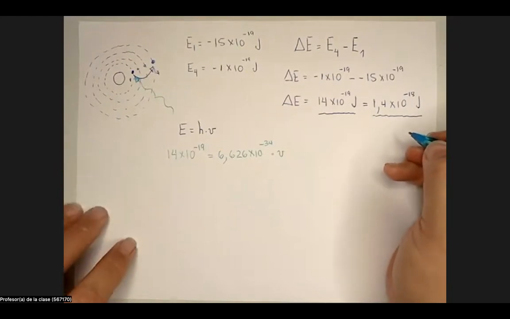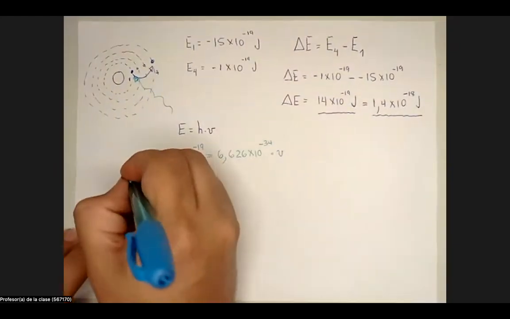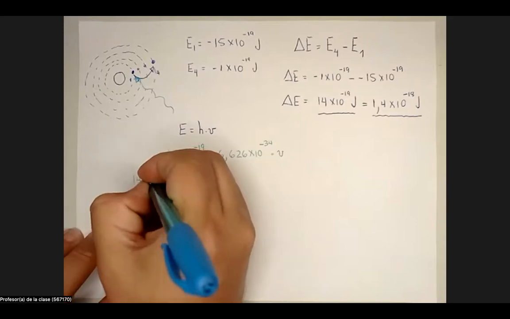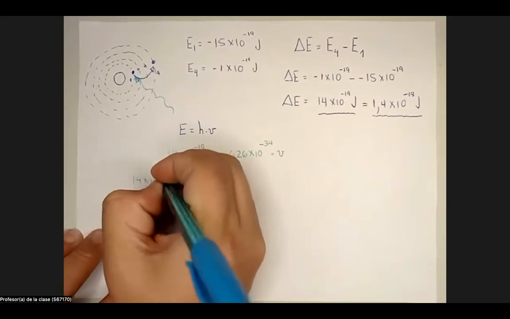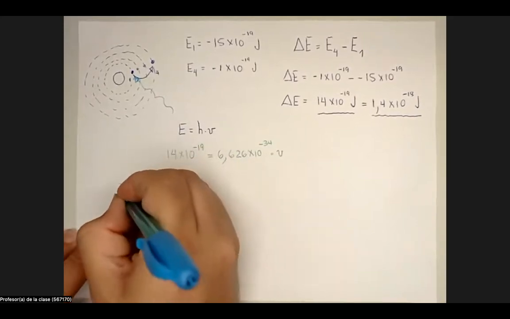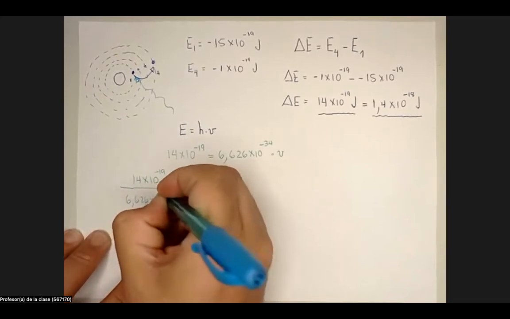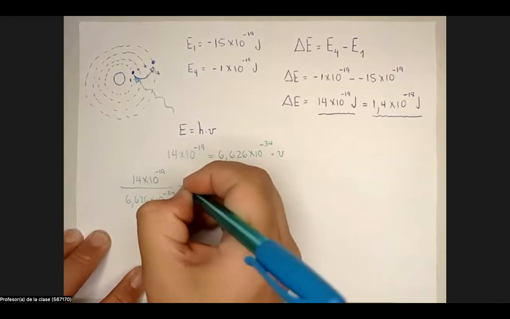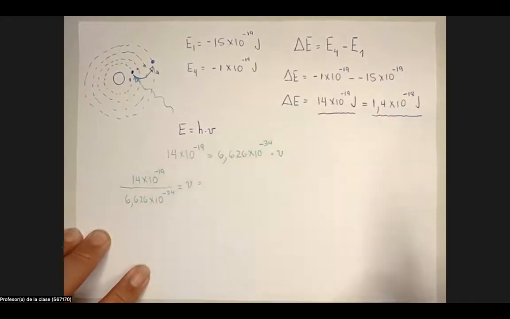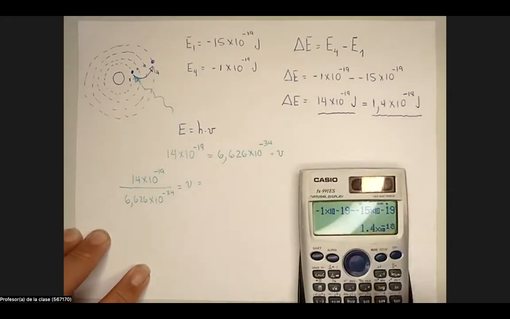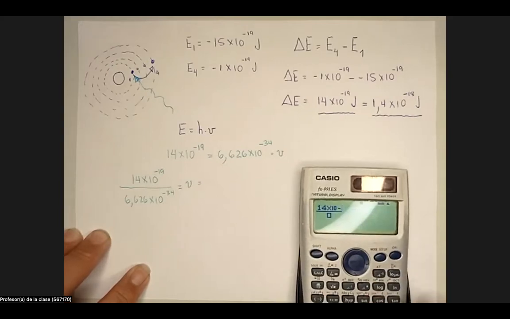Oh yeah, we can find the frequency dividing the energy by the Planck's constant. This will be the frequency. So 14 by 10 to the minus 19 exponent divided by the Planck's constant.